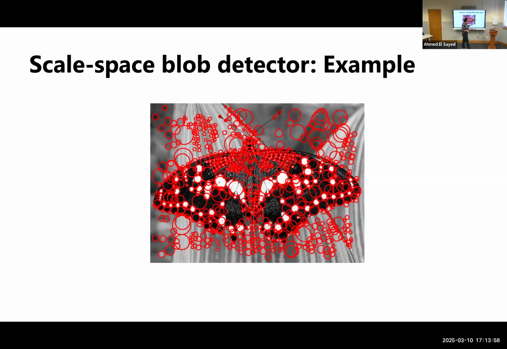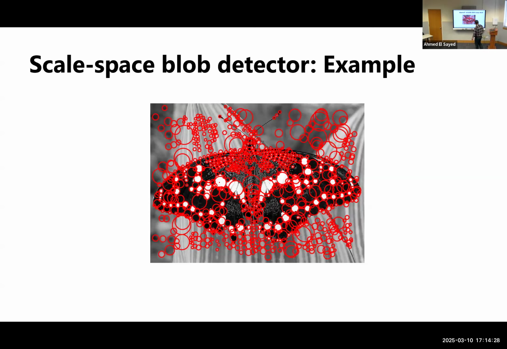In this case, we can find the blobs on all scales, as you can see. Any problem so far? So now we can generate blobs on several scales, and we overcome the problem of generating specific sigma for a specific blob size.